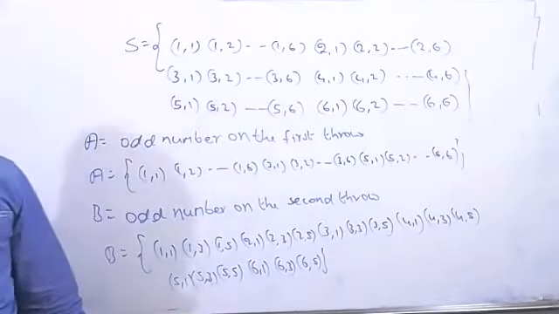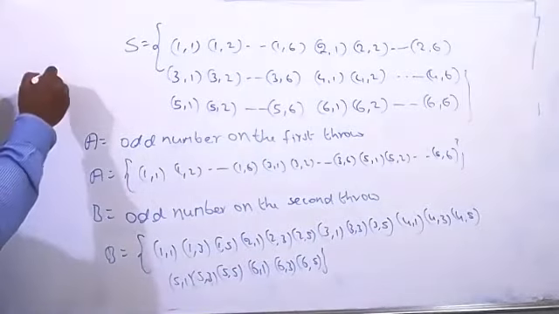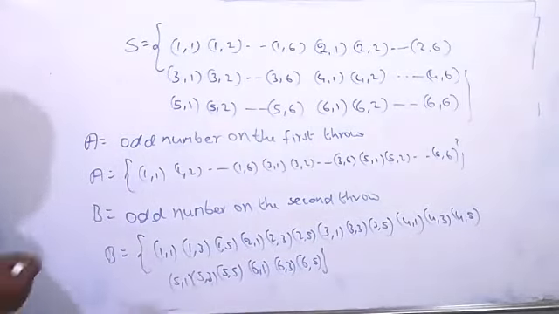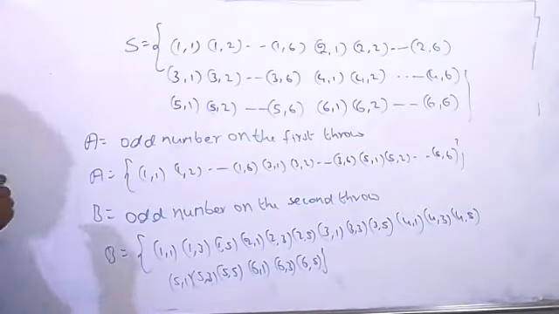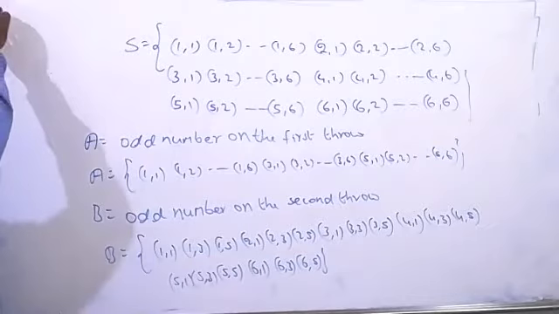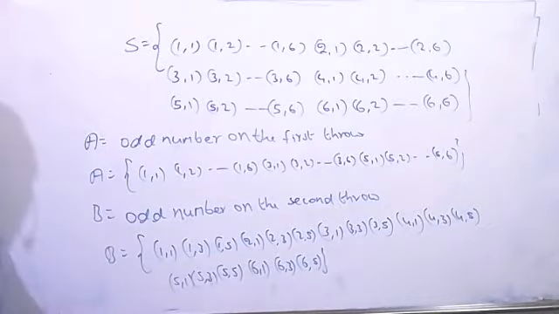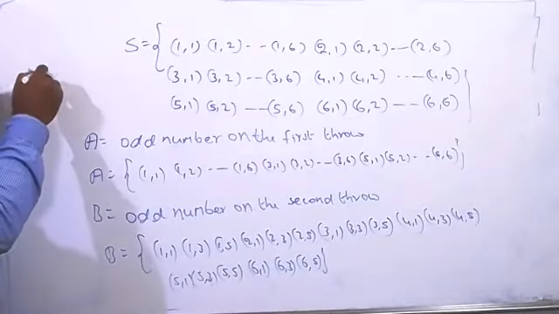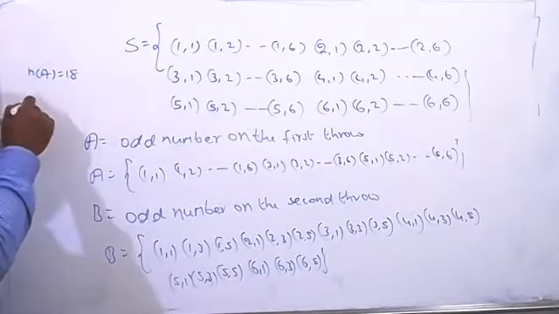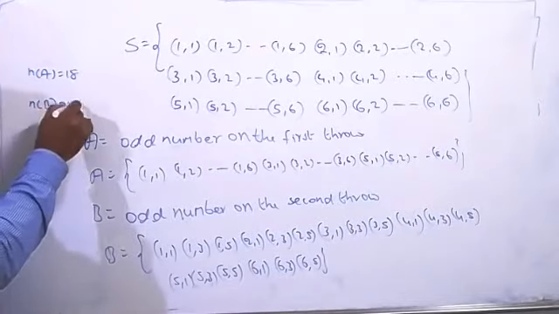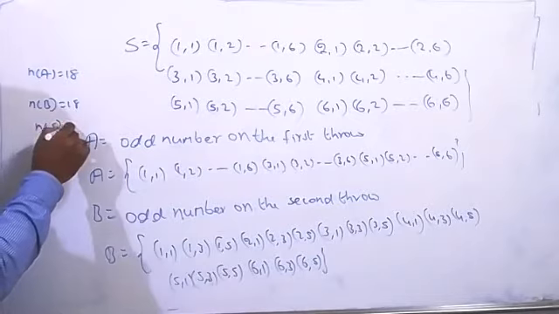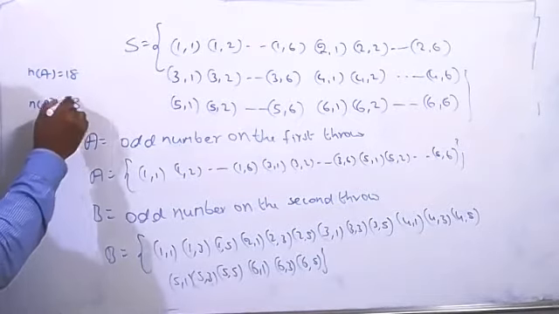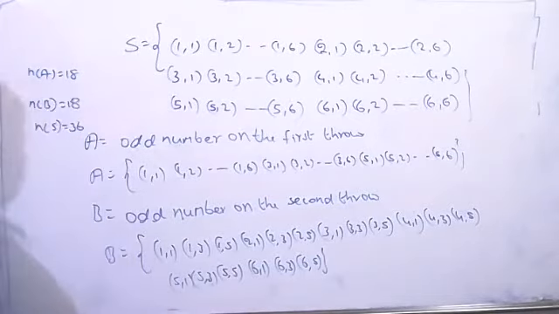So we can write n of A equal to 18 and n of B also 18, and n of S equal to 36.